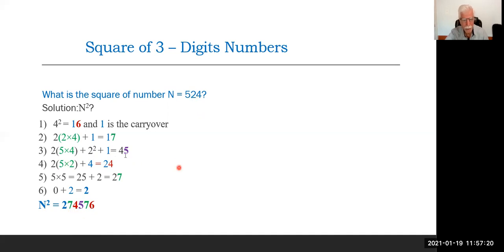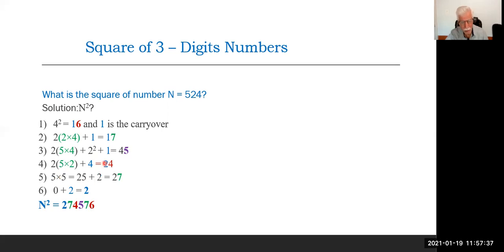Now, the fifth, you square the left number. 5 into 5 is 25. In fact, this is the square of 5.